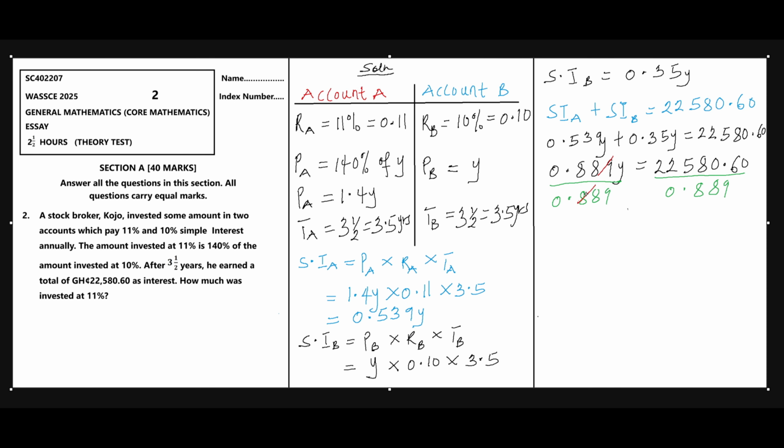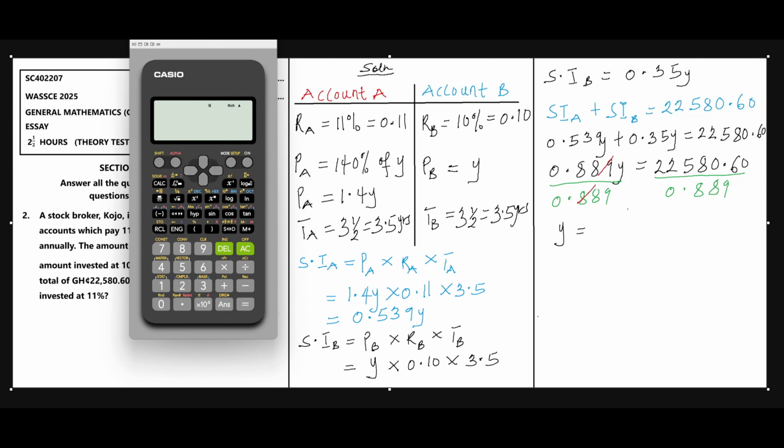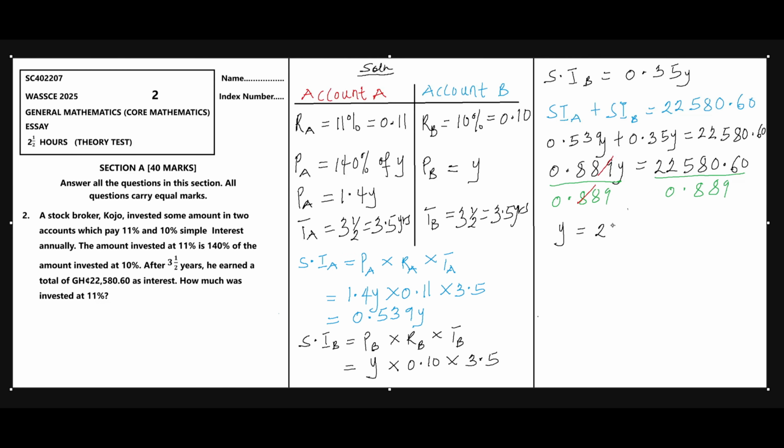So these two will cancel out, leaving y as, let's simplify this, we have 22,580.60 divided by 0.889. So I have y as 25,400.